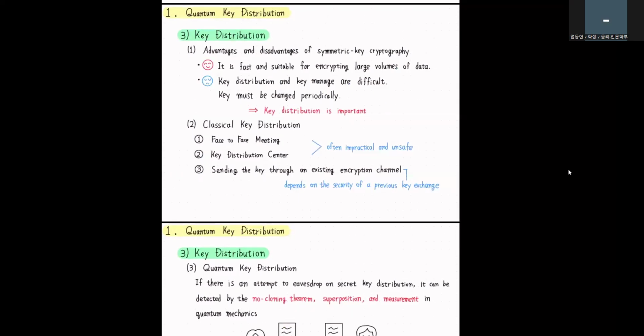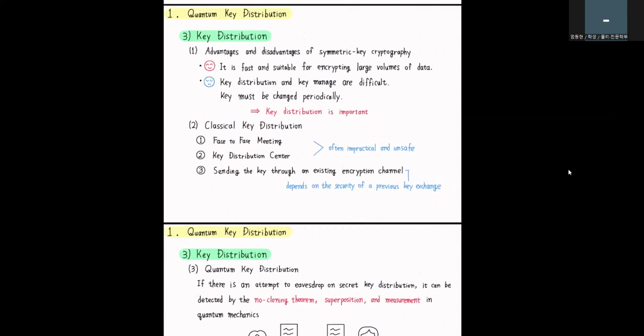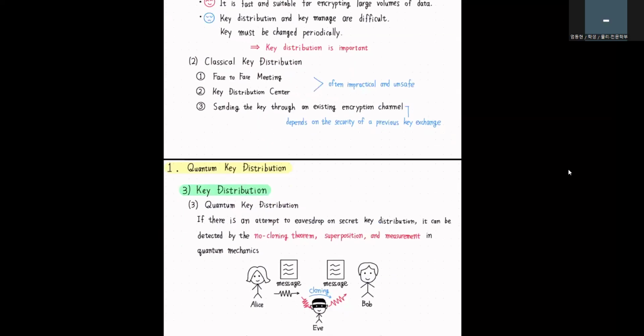Or another approach could be sending the key through an existing encryption channel, basically encrypting the key using a previous key. Now, of course, some of these approaches are impractical, sometimes unsafe, and sending a key through an existing encryption channel requires that the channel is already secure.